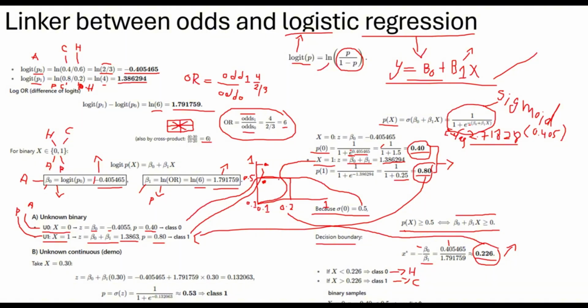So now you have classified two samples based on this mutation. If the mutation is present, your logistic model will classify it as cancer. If your x is 0, meaning the mutation is absent, your classification model will classify your sample as healthy.